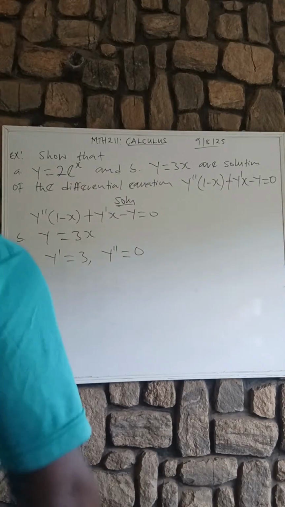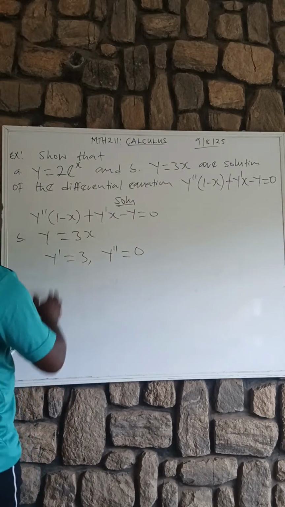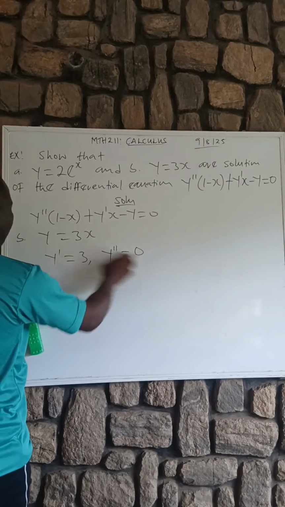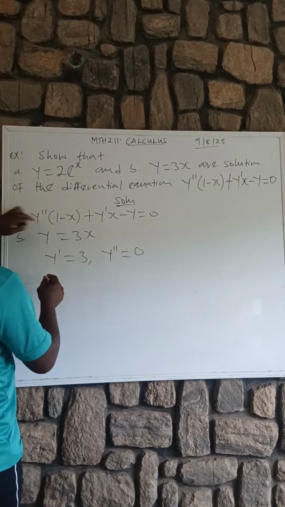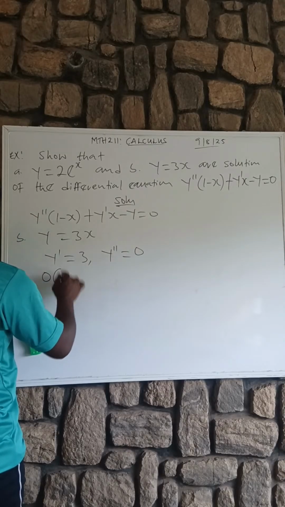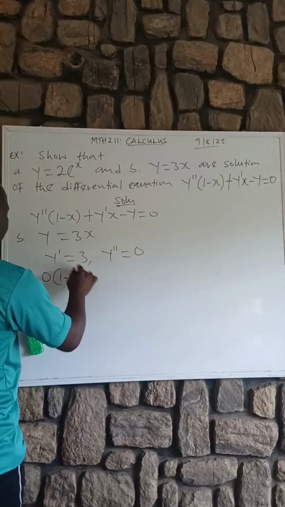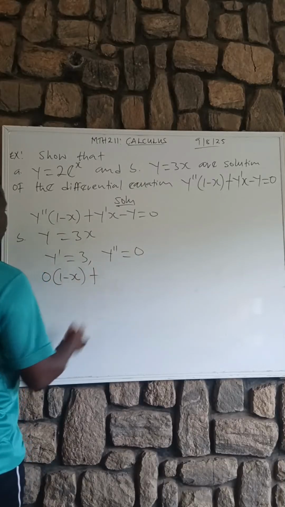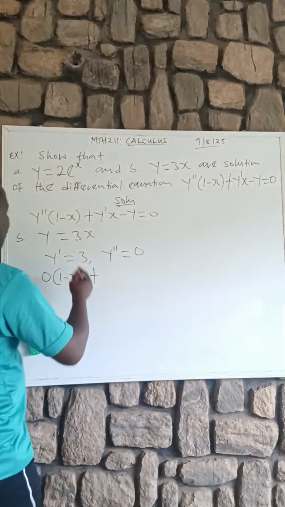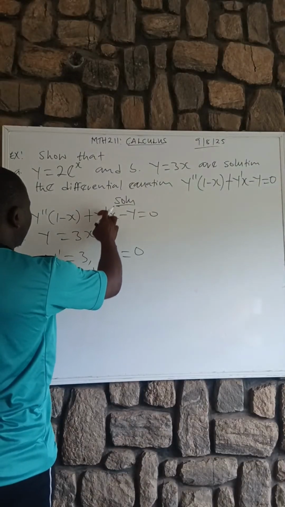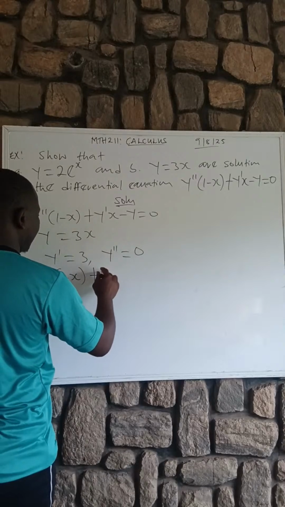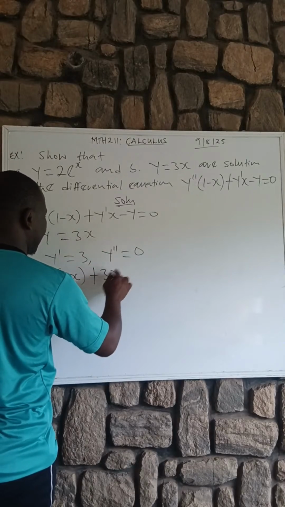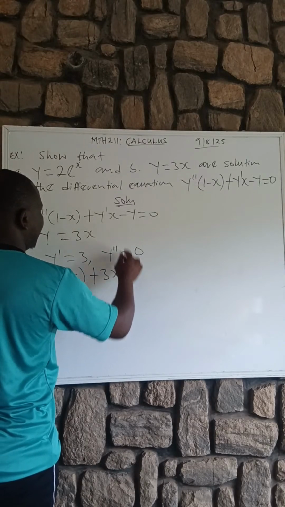Okay, so let's substitute in. Y prime is 0, we put it here. So here instead of y prime, we write 0 times 1 minus x. This is what I asked you to do. Here y prime is 3, then here is x, 3x minus y.